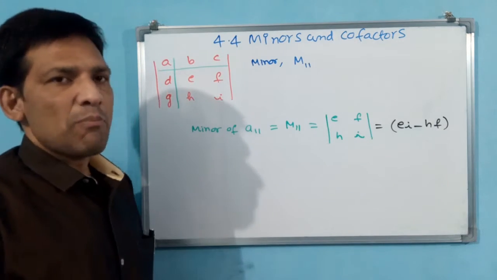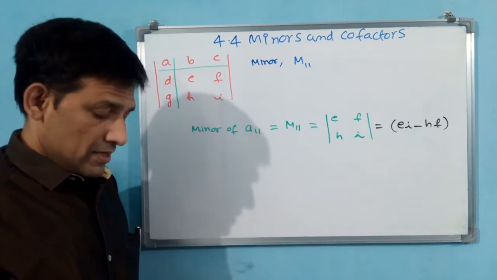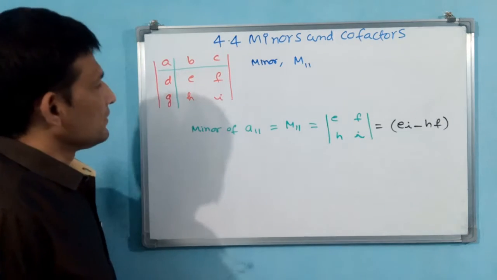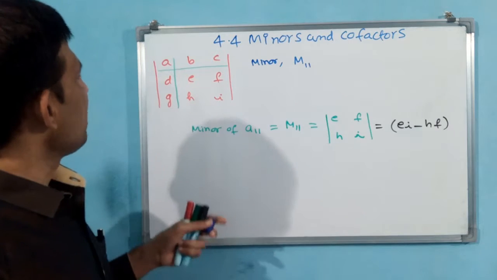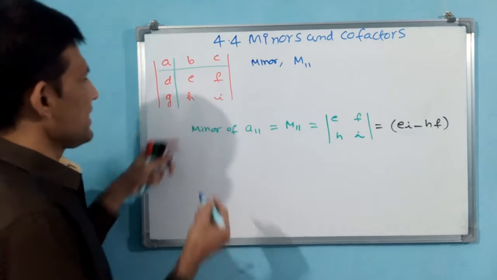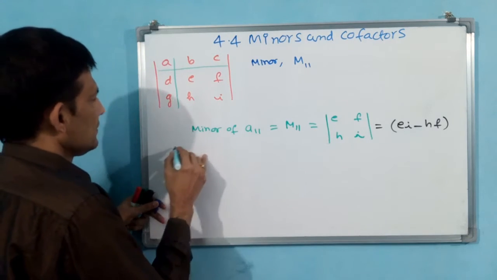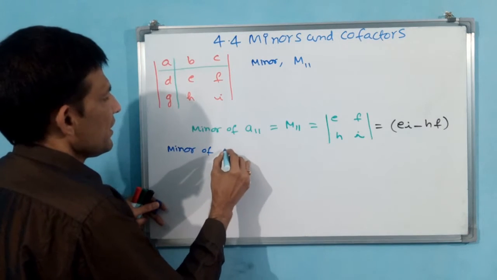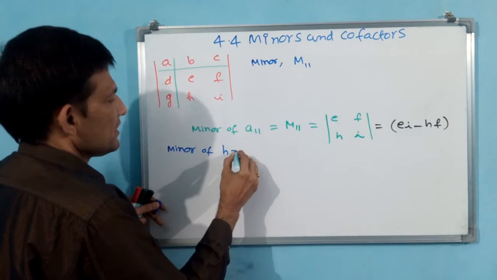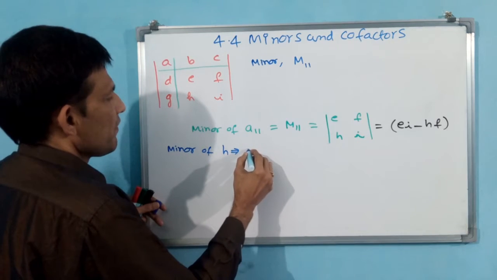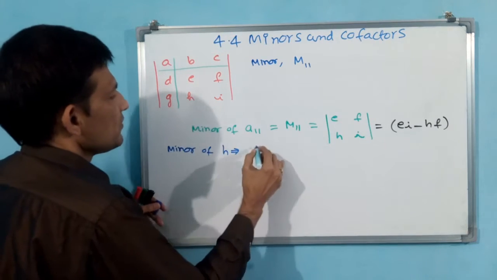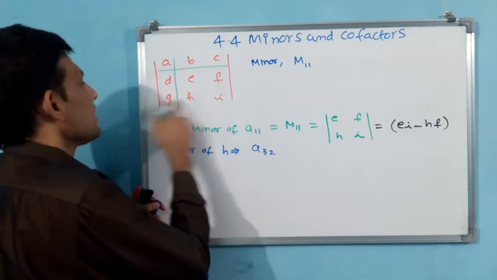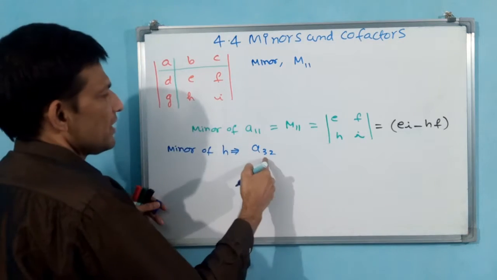This is a minor. Now you see, I will write the minor of H. Minor of H is equal to M32, because H is in the third row, second column, A32.